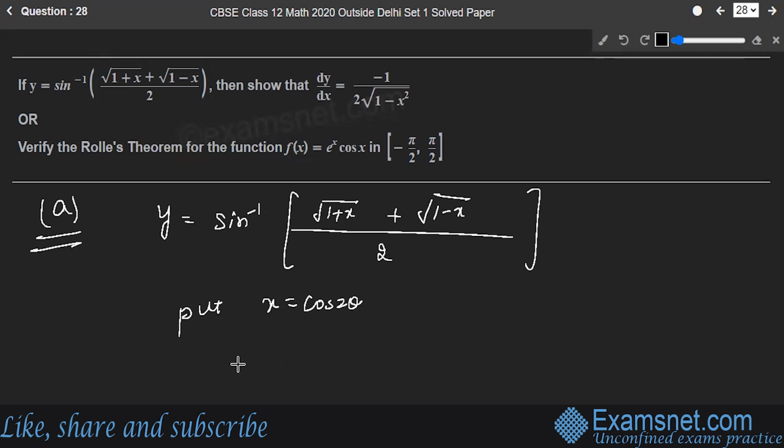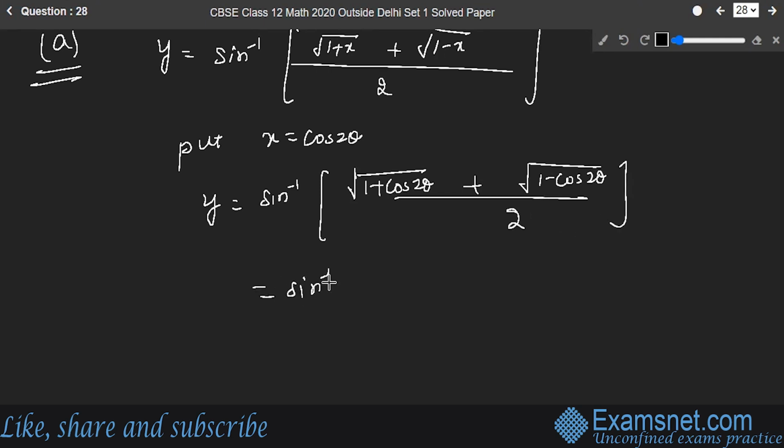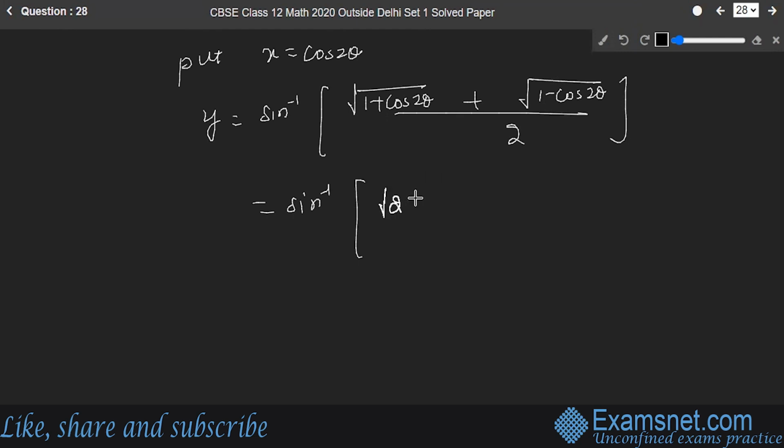So y will become sine inverse of root of 1 plus cos 2 theta plus root of 1 minus cos 2 theta, whole thing divided by 2. Now you know this is equal to, inside the root, 2 cos square theta plus 2 sine square theta upon 2.